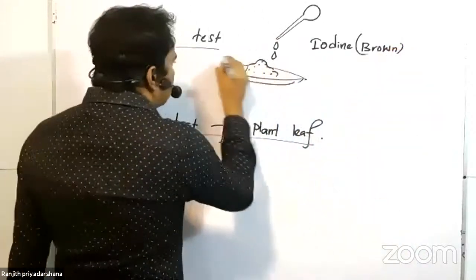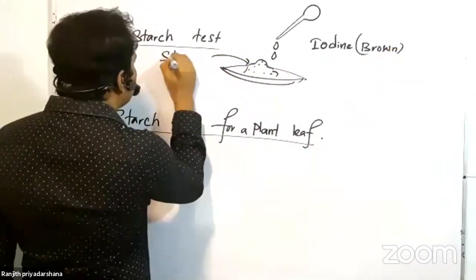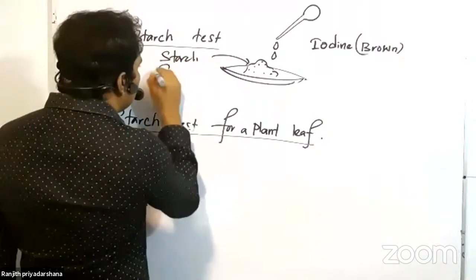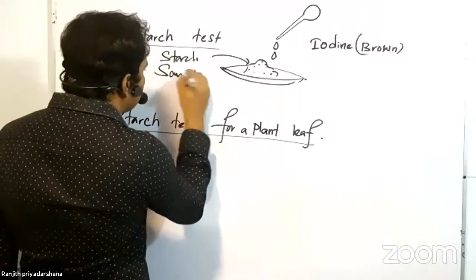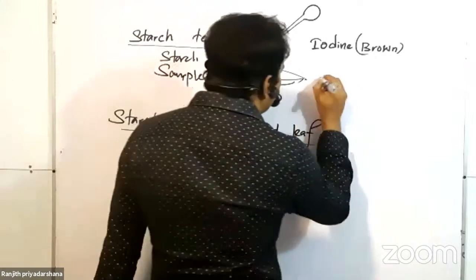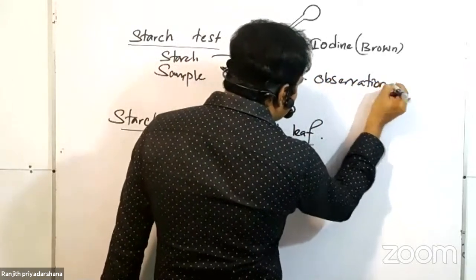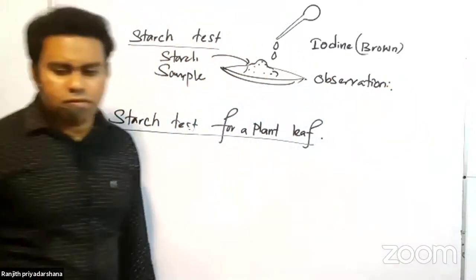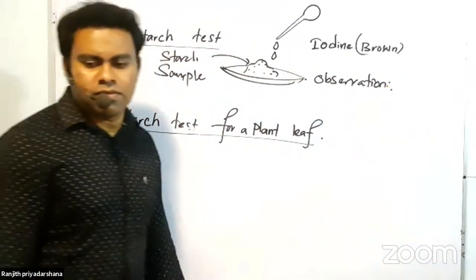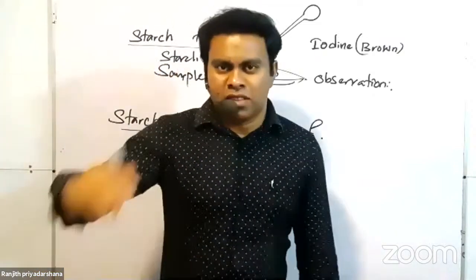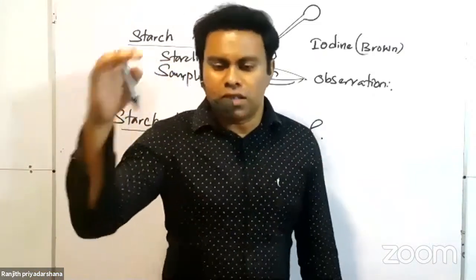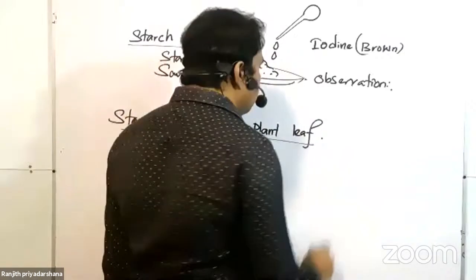Okay, so this is a sample of starch. What happens? So what's your observation? Yes, this is turned into dark blue or purple.